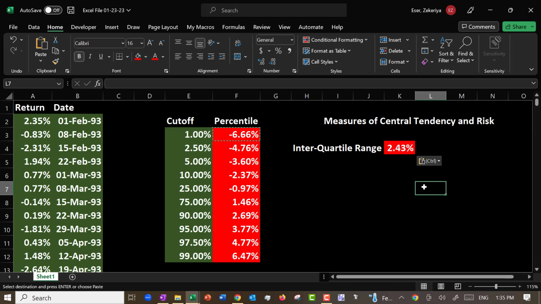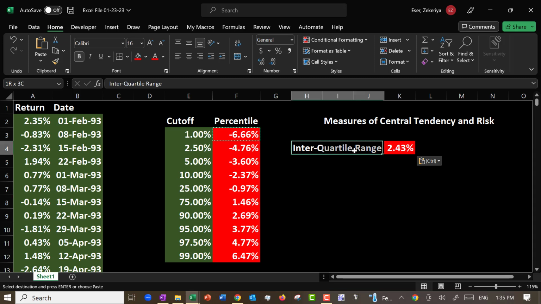Some people use what's called interdecile range.